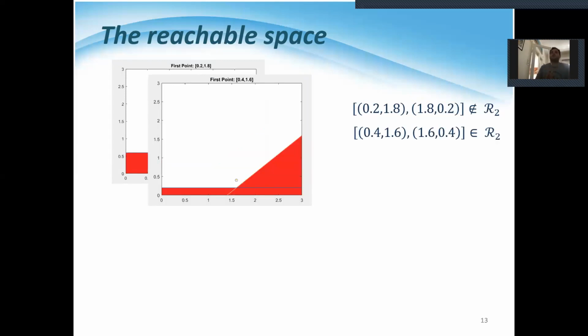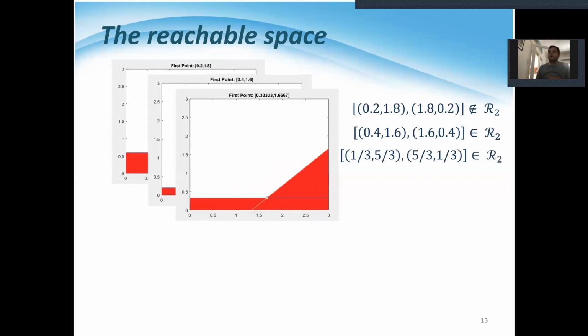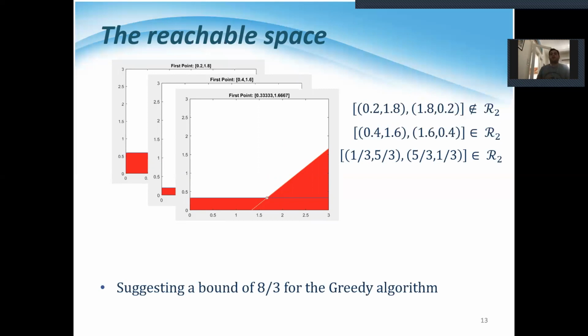If I check the point 0.4 and 1.6, if the first machine load is 0.4 and 1.6, then its mirror point is inside the reachable space, suggesting that the competitive ratio might be worse than 2.6. And in fact, the boundary point for the greedy in the symmetrical case is 1/3 and 5/3, suggesting that the right bound is actually 8/3.